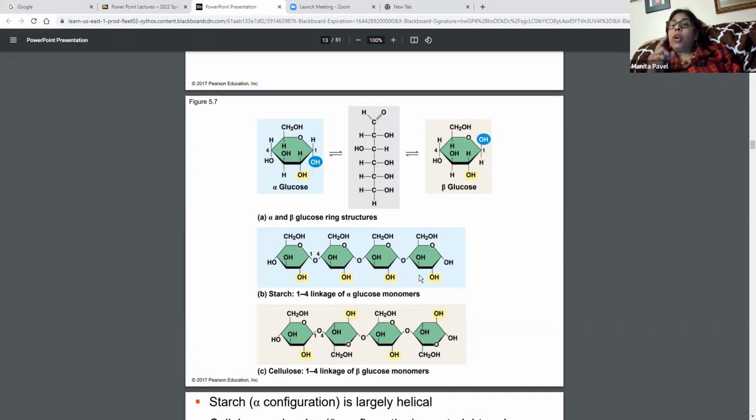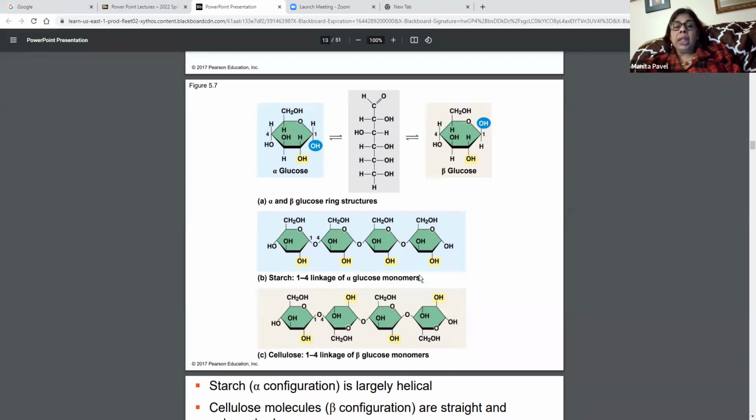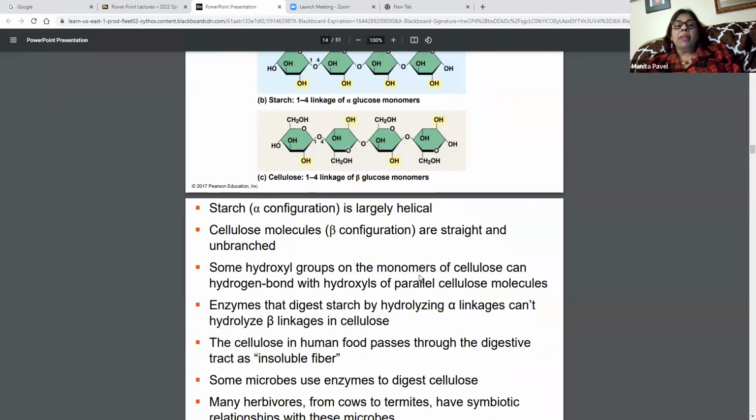Why? Because humans do not have an enzyme. We lack the enzyme. We have alpha amylase, but we lack the enzyme to break down cellulose, and therefore all those tendrils remain in the mouth. That's the undigested material. So I'm going to explain it when we come to the slide here.